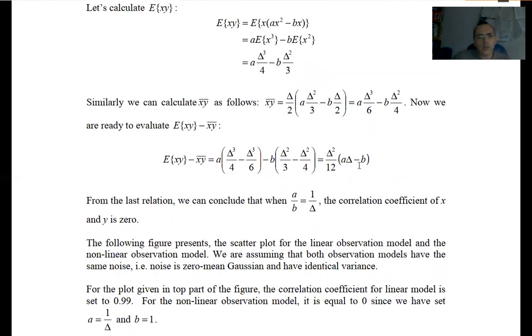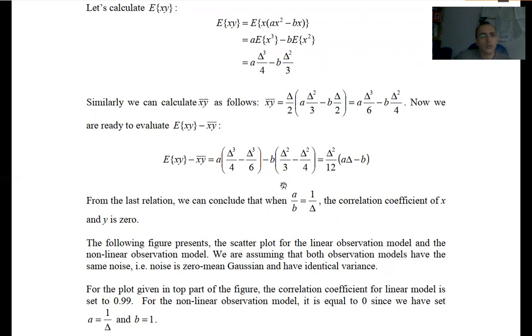What's interesting is that from this relation, I can make the covariance of x and y equal to 0 if I select a over b as 1 over delta. If delta is equal to 10, let's say, if I select a as 1 and b as 10, then the correlation coefficient between x and y becomes 0.